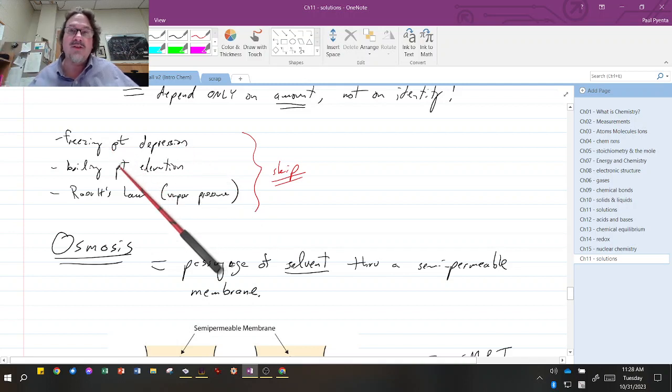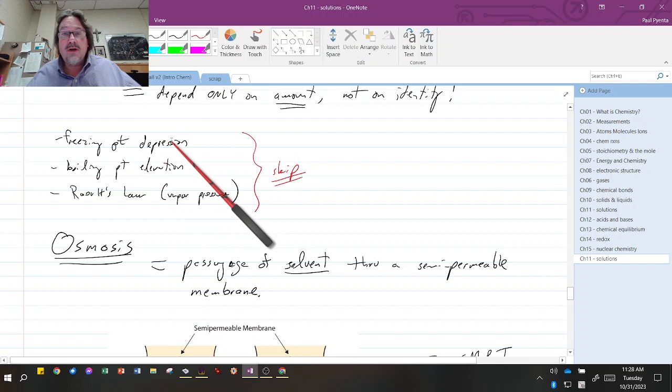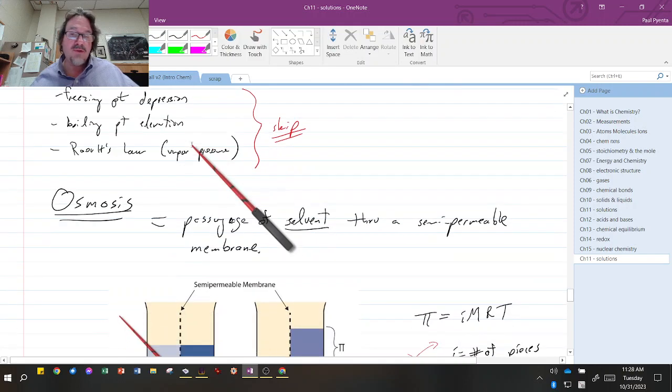I mean, that's how we get the ice to melt, truthfully. And there's equations and ways to calculate what the new boiling point or the new melting point would be. And so those turn out to be colligative properties, but you can skip those sections. I'm not going to ask it on the quiz.